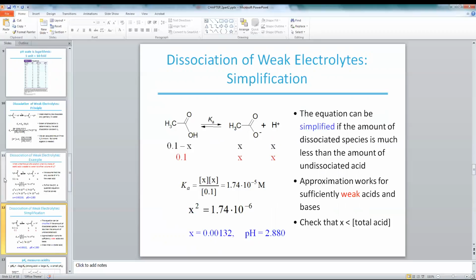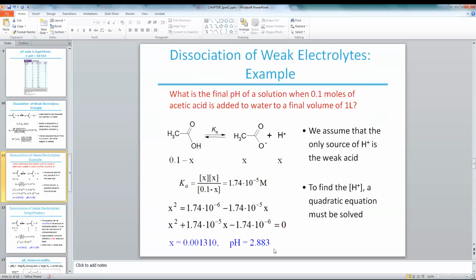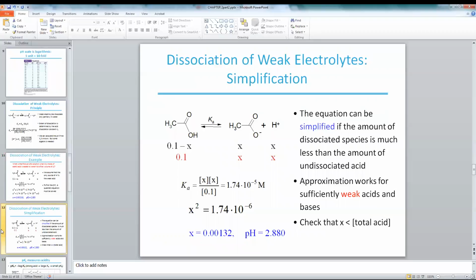If we go back up, it's 2.883 as opposed to 2.880. So it's a pretty reasonable approximation, and it works well for weak acids and bases. You always want to ensure, though, that x is significantly less than the concentration of the total acid. The guiding principle there should be about 5%.